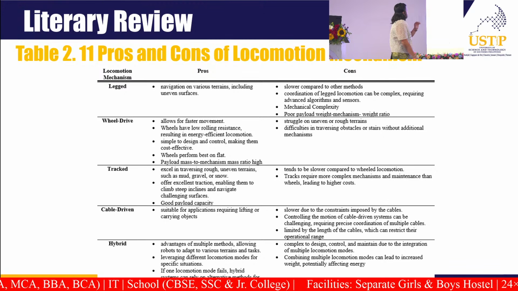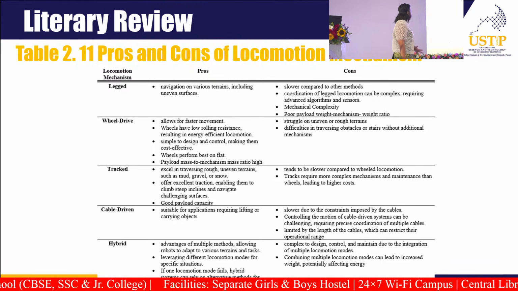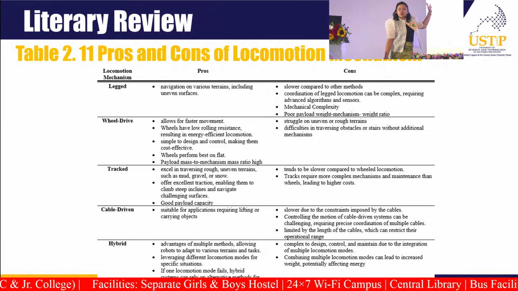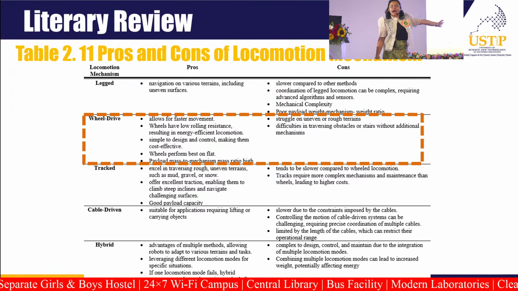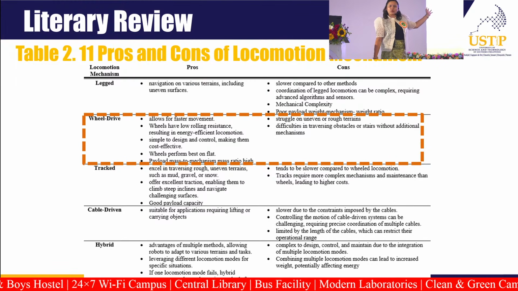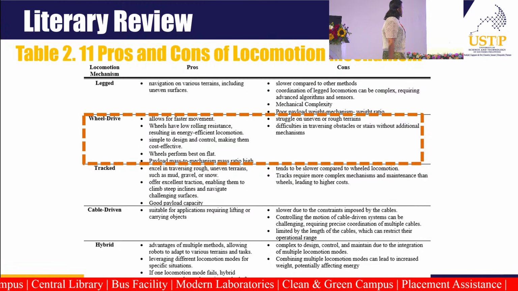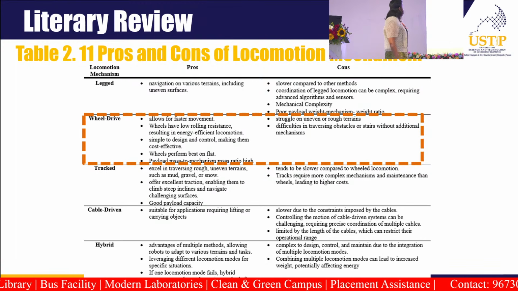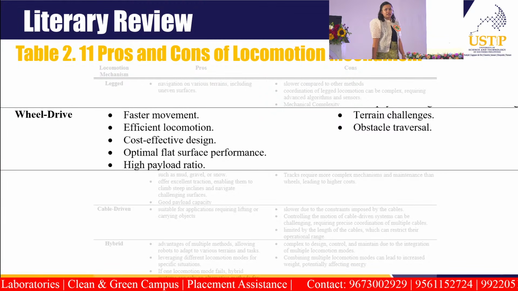Again, I studied all the locomotion, and these are the pros and the cons of the locomotion types. And then I picked the wheel drive, considering the pros of this locomotion.